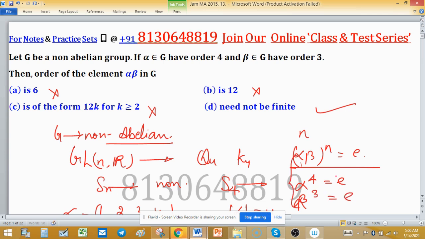This is the given condition. So first you have to memorize some concepts or examples, so you can apply and use them to discard options. So the correct option for this question is option D.